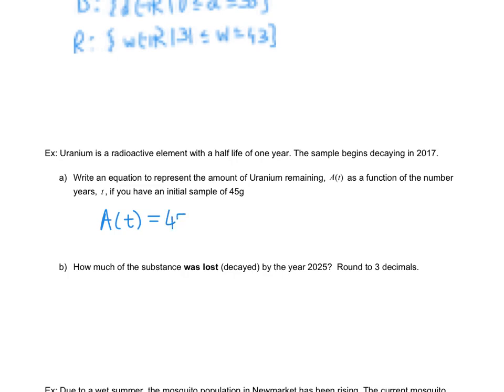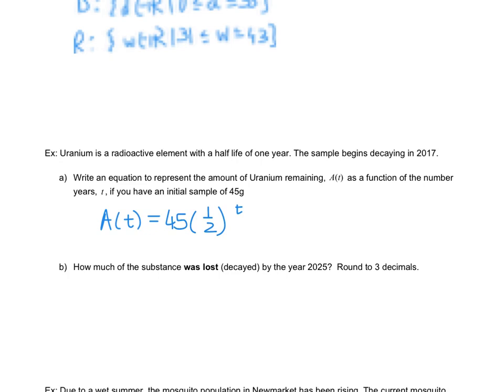So your equation should be 45 times a half to the power of T, and you can write that as T over 1, but you don't have to. Now, for B, how much of the substance was lost or decayed by the year 2025? Round to 3 decimals. So we need to figure out the mass in 2025.